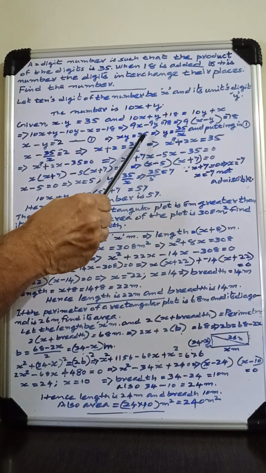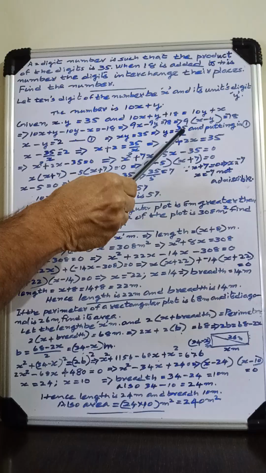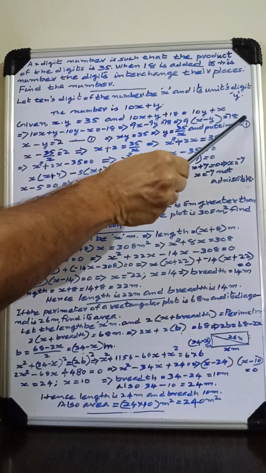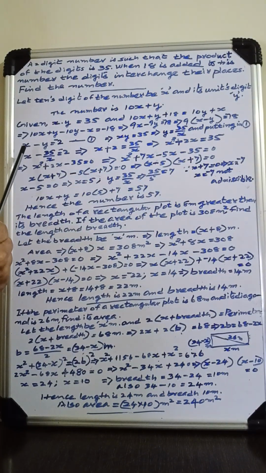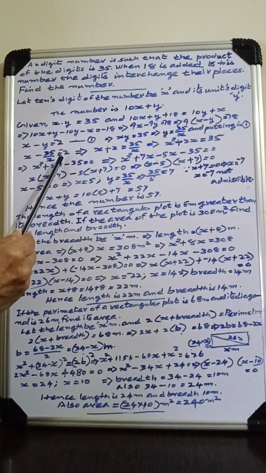xy equals 35. Therefore, y equals 35 by x. Putting this in the first equation, x minus 35 by x equals minus 2.